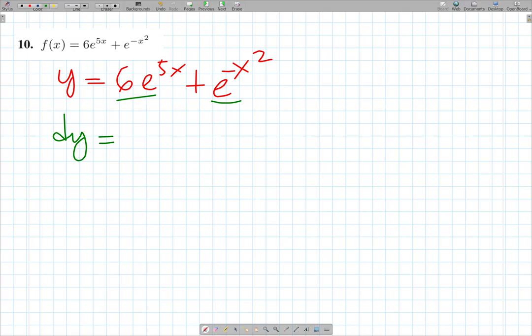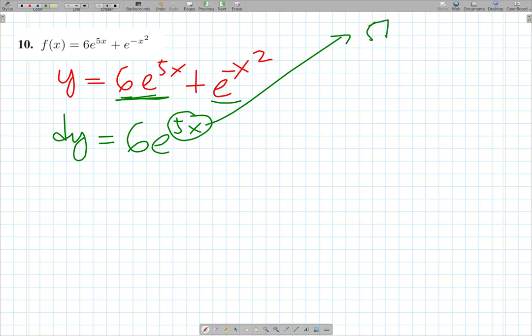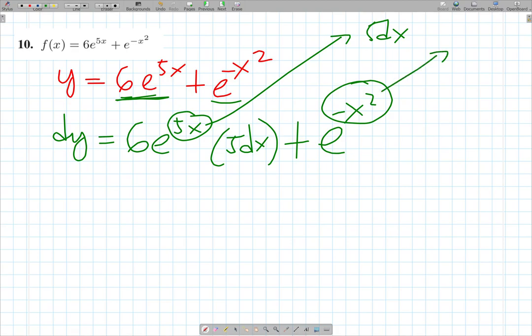The derivative of 6e^(5x), may e nga, just copy 6 and e^(5x), and then derive the 5x: the derivative of 5x is 5dx, so multiply by 5dx. Next is plus. How will you derive e^(negative x squared)? Same, kopyahin ang e, and then derive the exponent. What is the derivative of negative x squared?